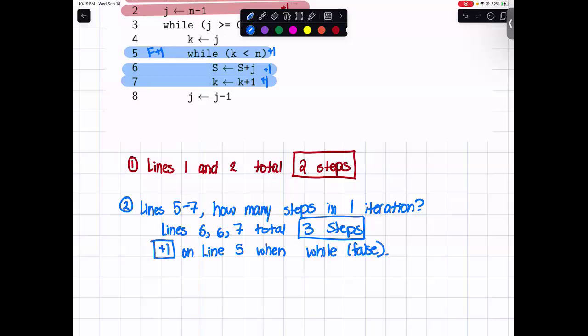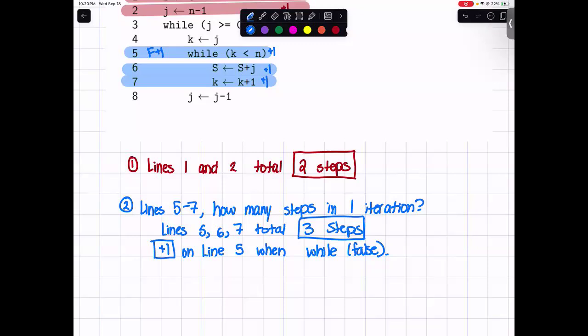Okay, so the next thing we need to do is determine how many times our loop is actually going to run. So if we imagine for a second that we can let j be greater than or equal to 0 and it's fixed, we can consider that inner loop for lines 5 to 7. And starting at line 4, we can see that the initial value of k is going to be starting at j, and then it counts up by ones, which we can see on line 7.